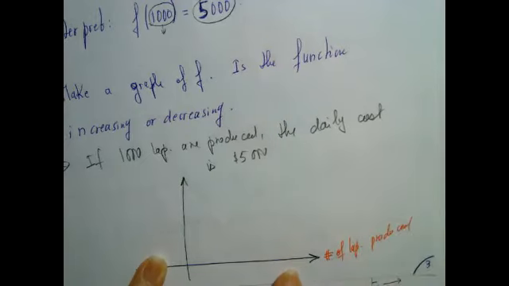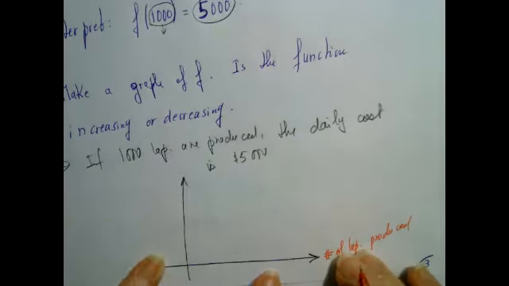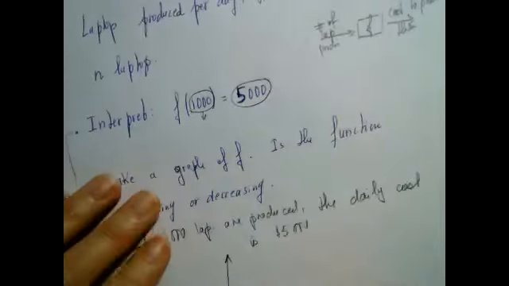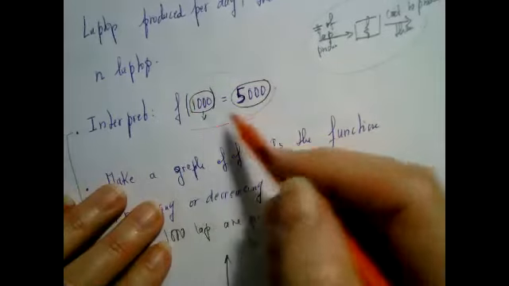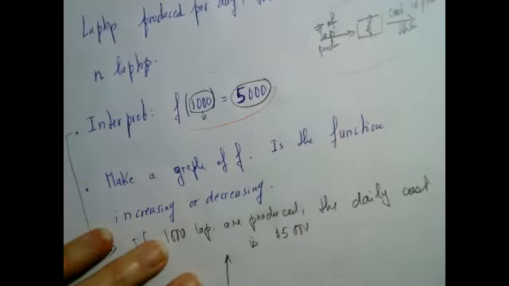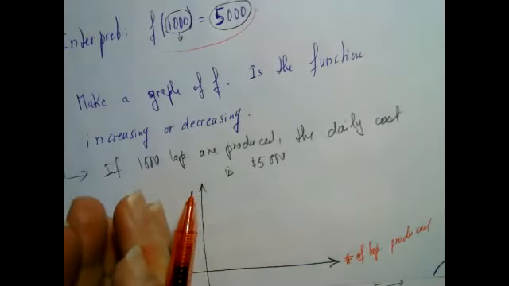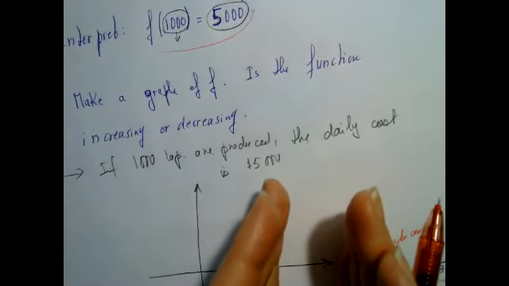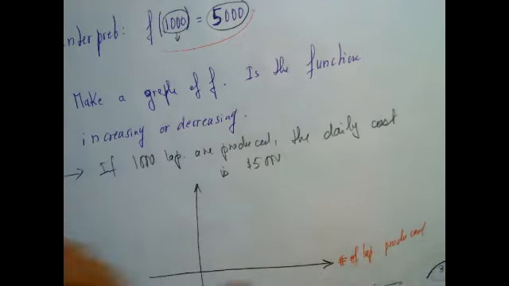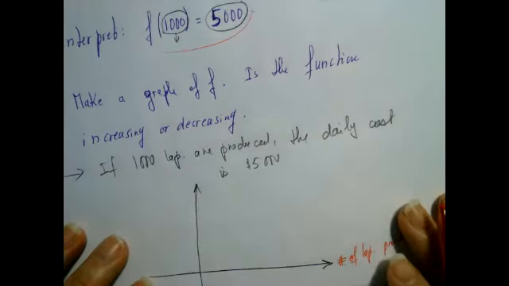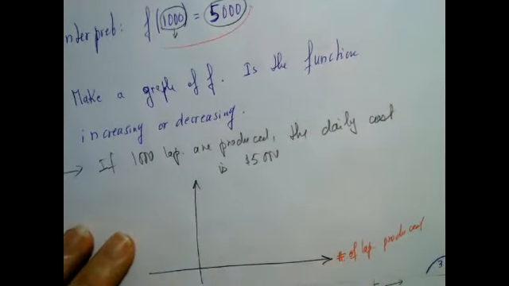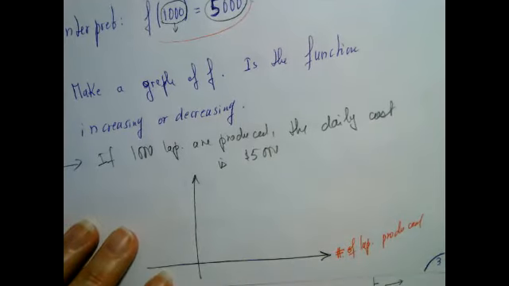So you have to pick, and we have to keep in mind that even though I ask you to interpret it for a particular value, just to make sure you understand the problem, the input changes. Probably the company one day produced 1000, another day 2000. So the input changes, and that's crucial for understanding functions.